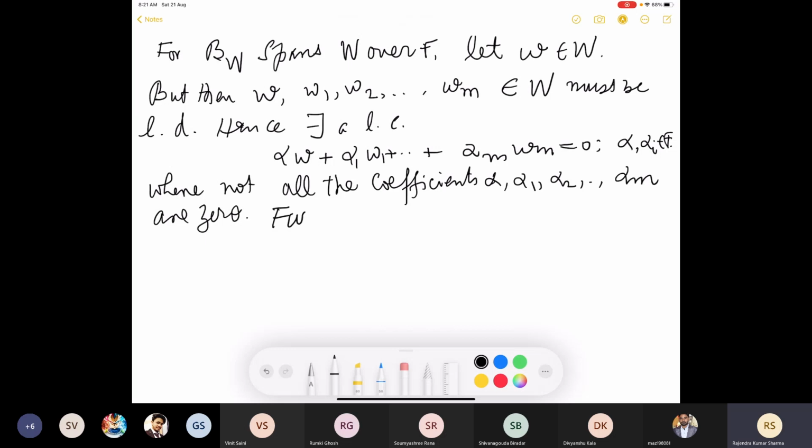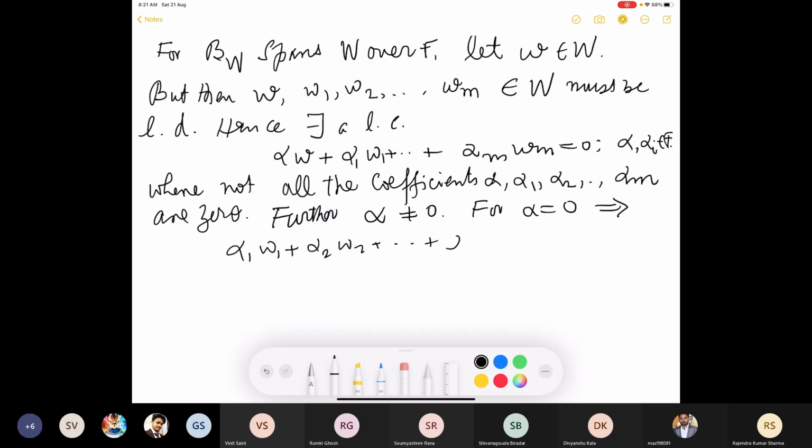Further, this alpha cannot be 0. For alpha equal to 0 will mean that this linear combination will give me alpha 1 W1 plus alpha 2 W2 plus alpha m Wm equal to 0.